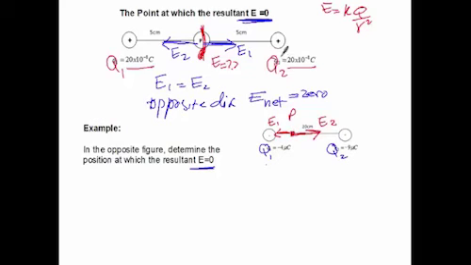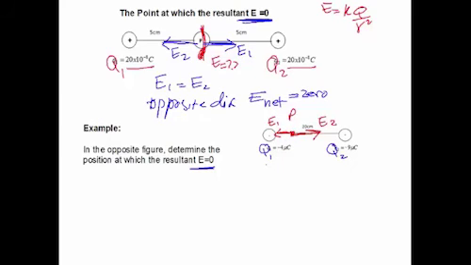If they are equal in charge, it will be exactly at the midpoint. But these are not equal, so we have to find where the point is. That's why I considered that the point is here, not in between.